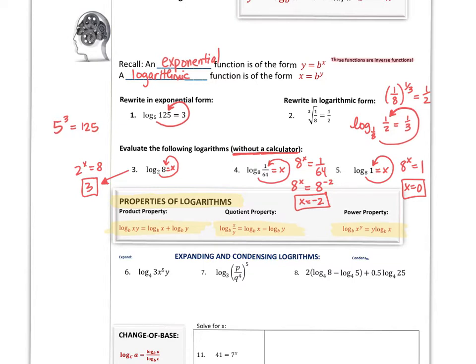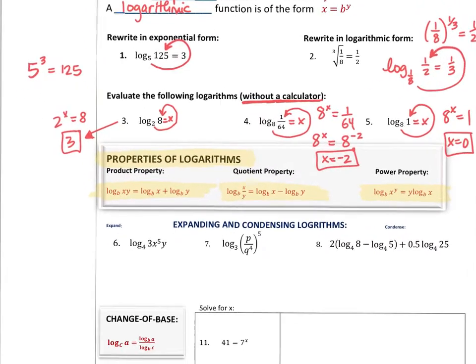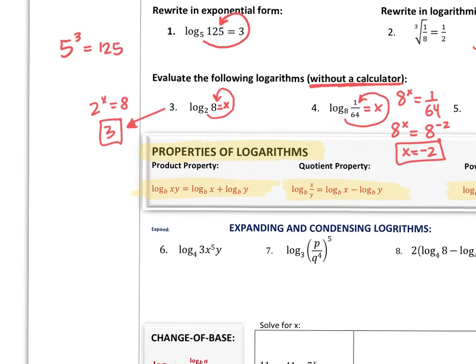Now, on this first one, number 6, expand this one. And I'm going to go to the side because we're kind of running out of room right here. Okay, so this would be log base 4 of 3 plus log base 4 of x to the 5th plus log base 4 of y.